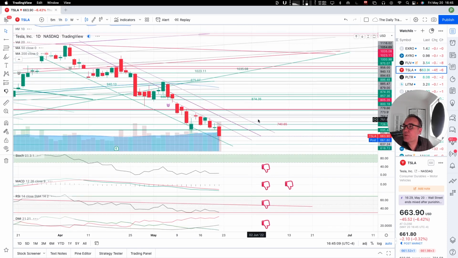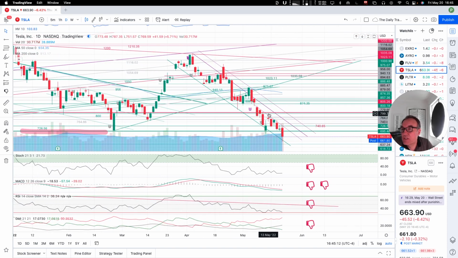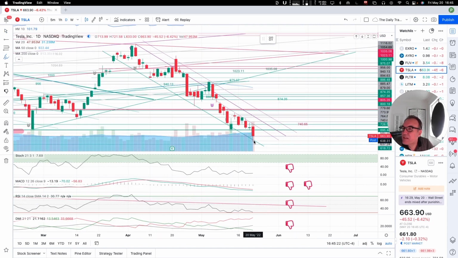And let's go back to the daily chart. Of course, in terms of the daily chart, everything is in the tank in terms of the indicators. And we have a nice touch here. This is not a perfect touch. Not all of the touches are perfect. We see that the bottom of this candle is very close to the support and very close to this resistance.